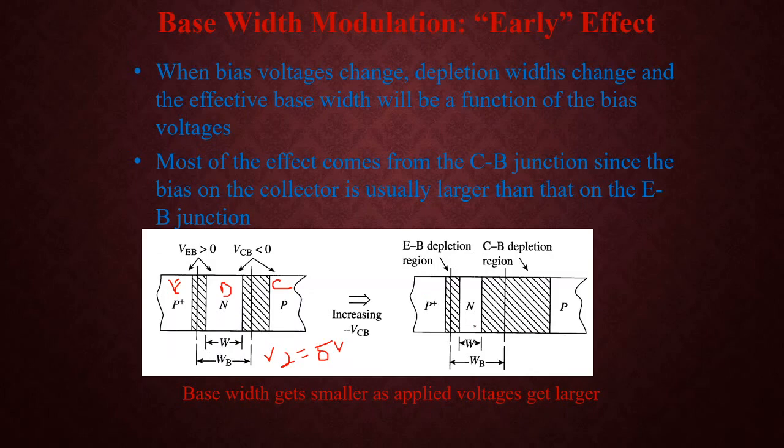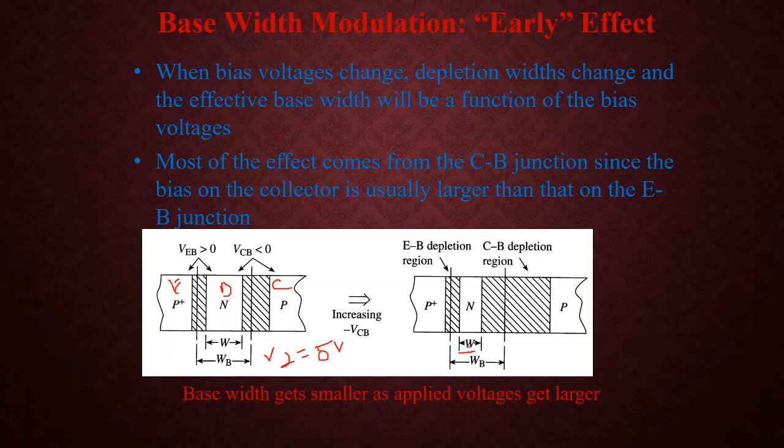So what happens here? The base width is reduced. Normally this is the base width, but due to this penetration, the base width has been reduced. That's why it is called base width modulation.